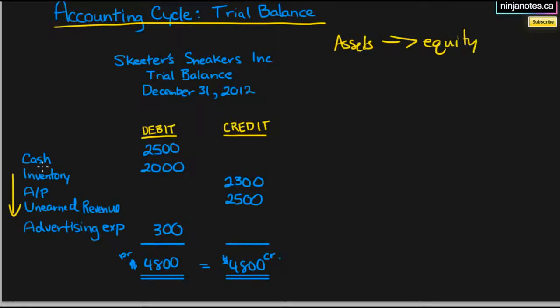So we start off with cash, inventory, and then we hit liabilities, because liabilities is the second element in which we'll prepare in our trial balance, and then we'll finally hit the equity accounts, which are like expenses and revenues and retained earnings, except we don't have retained earnings in this trial balance. So make sure to always list your accounts in the order of assets to equity accounts.